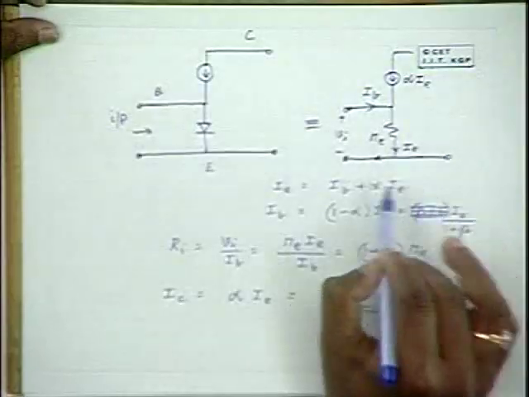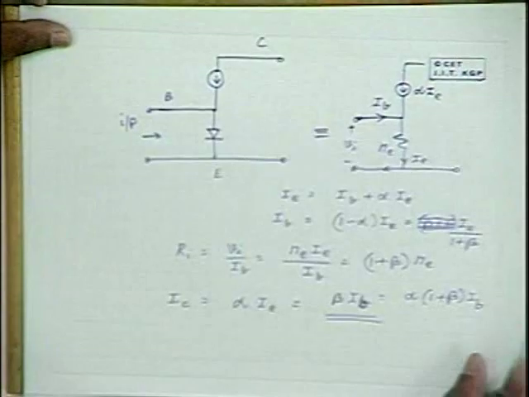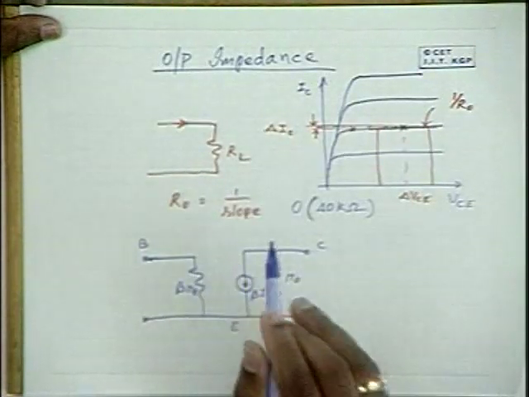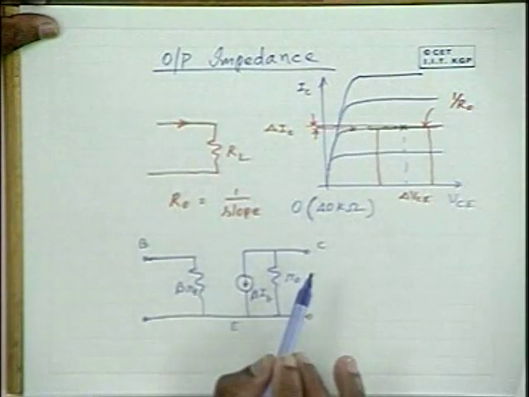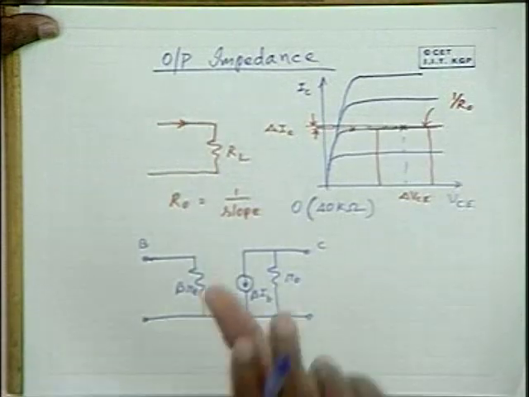You can use the common base model or the common emitter model in an amplifier circuit, and you can compute the gain, the input impedance and the output impedance the whole amplifier offers. So far we have been talking in terms of the input impedance, output impedance, and the gain of the transistor alone for alternating signals. When you substitute this in a circuit, it gives you the amplifier's gain and so on.